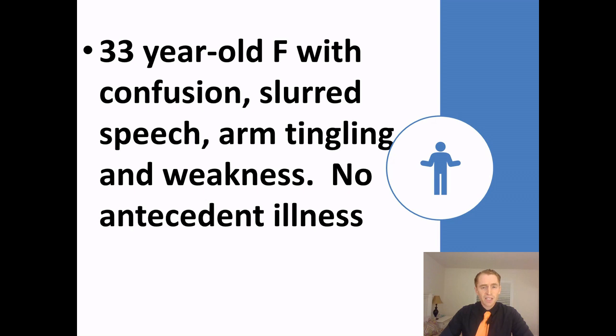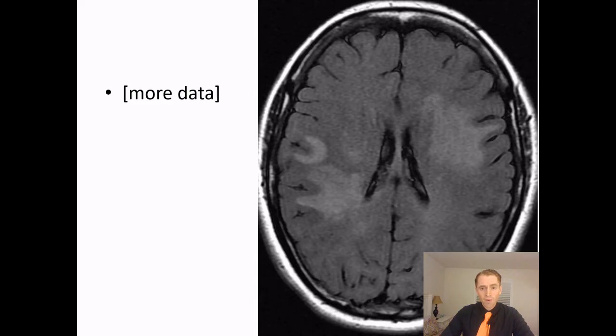This is a 33-year-old who had confusion, slurred speech, and tingling of the arm and weakness. There was no prior illness. MRI showed these puffy lesions, including, if you look at the left side of the image, a so-called C-shaped lesion that actually looks quite typical of multiple sclerosis.